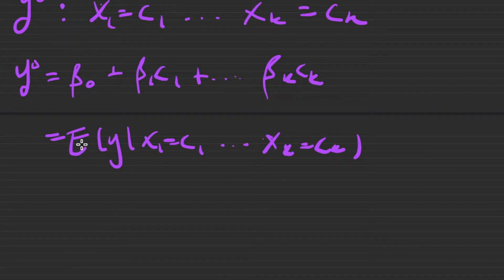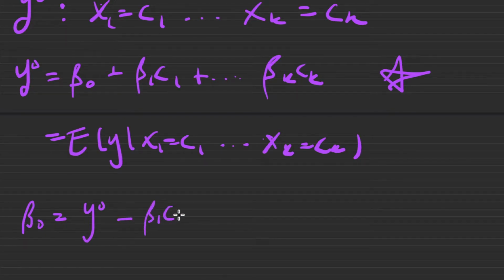We can rewrite this equation so that beta naught is equal to y naught minus beta 1 c1 minus all the way through beta k ck.